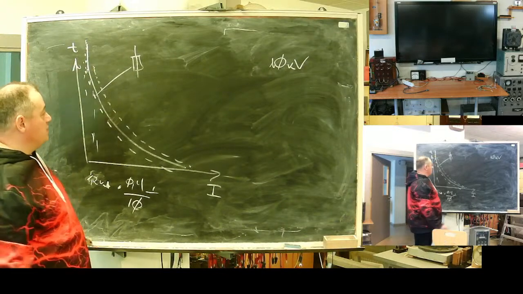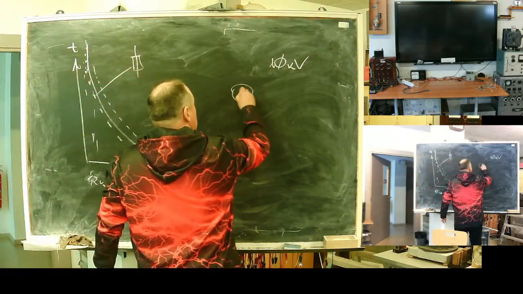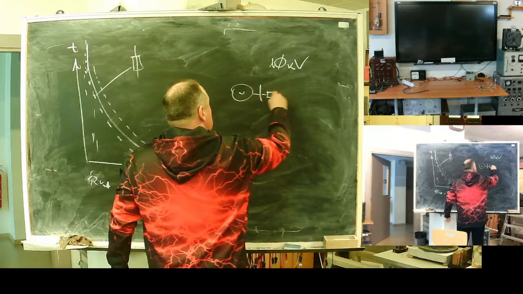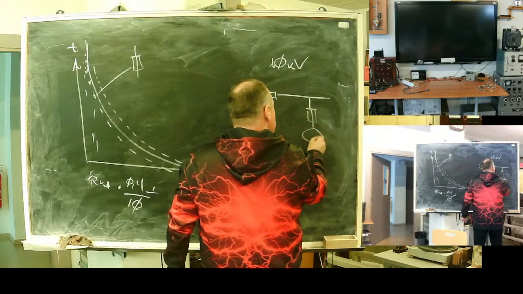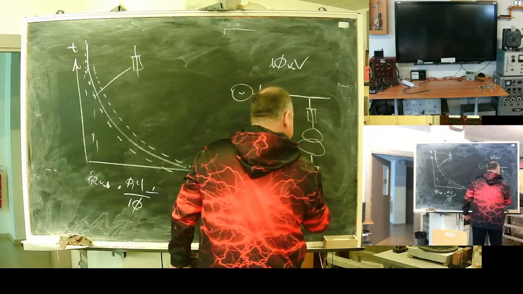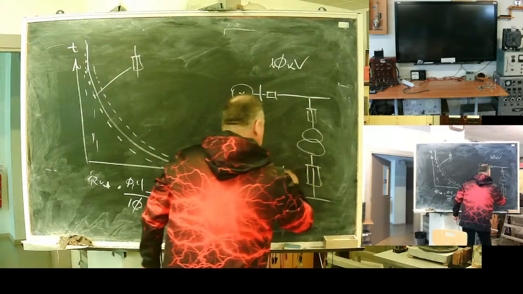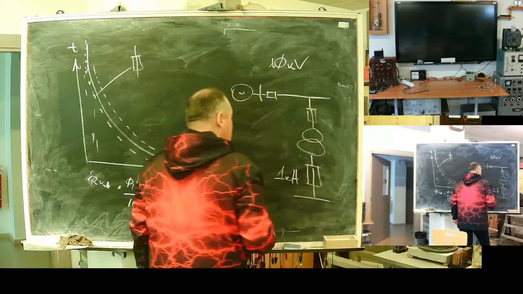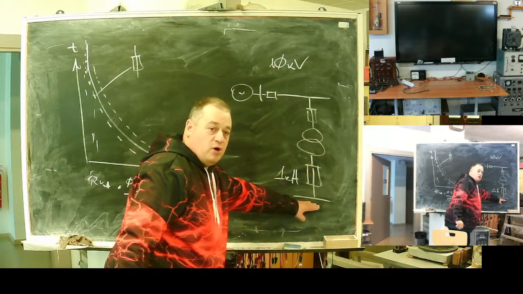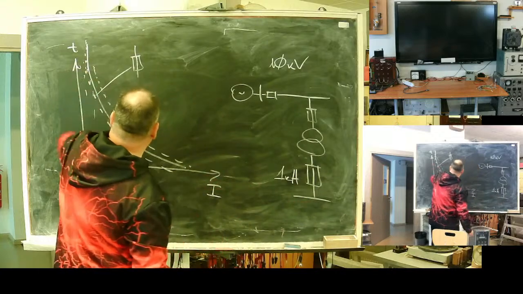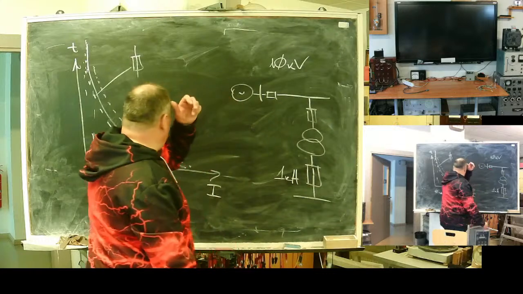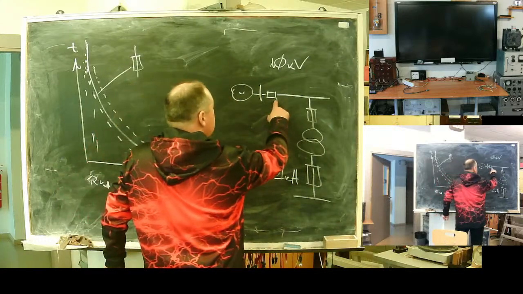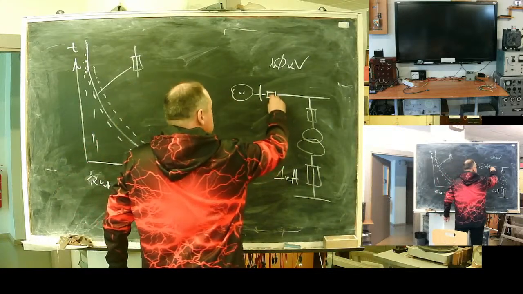How will we coordinate? What do we have? Source, switch, fuse, which we are actually ignoring. This one, a 1000 amp fuse, and here are 0.4 customers. This line is the operation chart of this fuse. What kind of characteristic do we need for our protection?